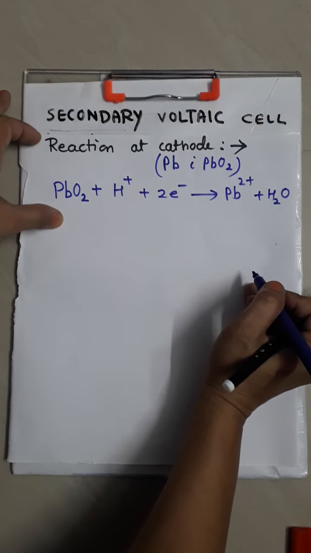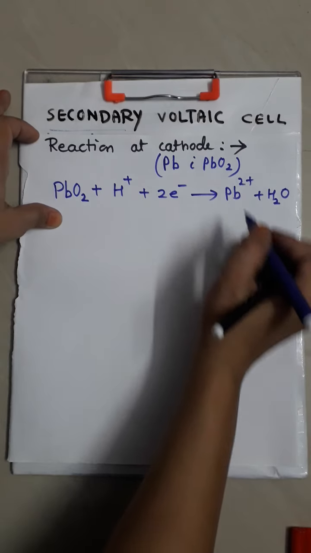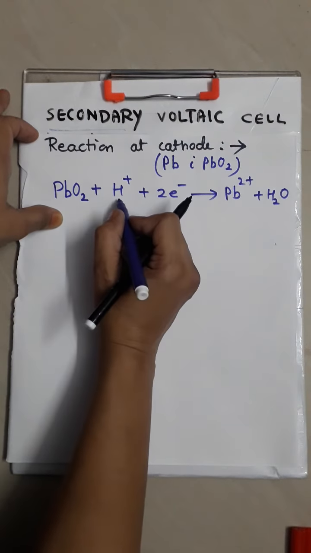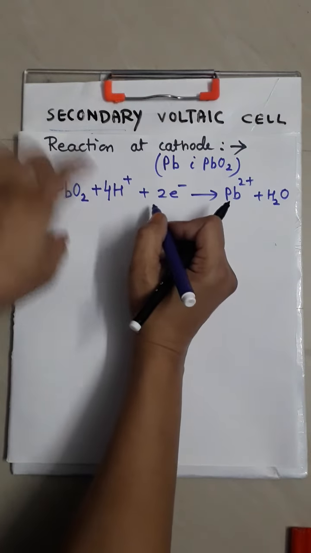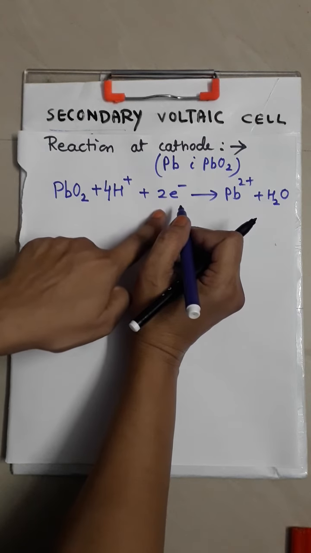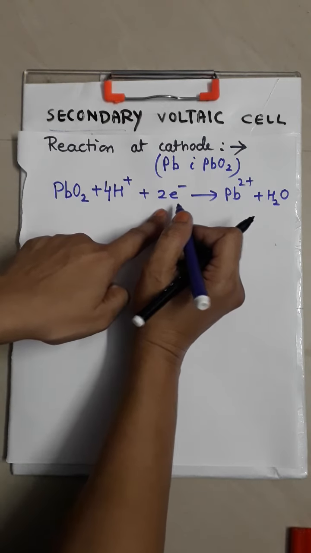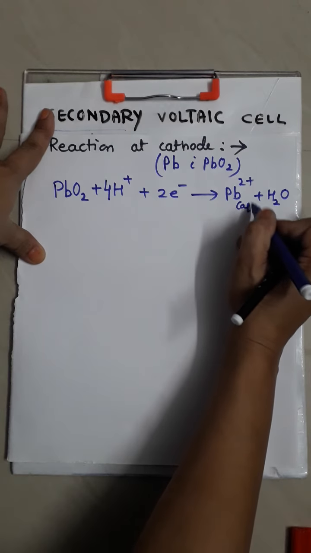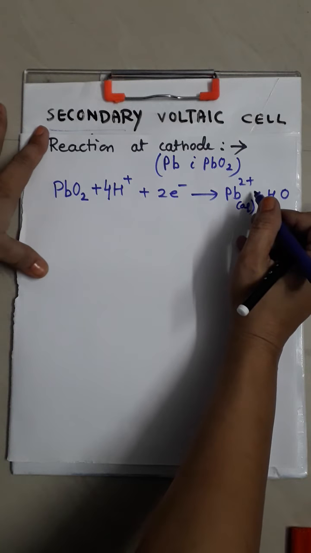Now we have to balance this. Here we have a plus 2 charge, so we have to write 4H+, because 4 positive charges plus 2 electrons will give you 2 positive charges. So we have formation of Pb+2 ions.